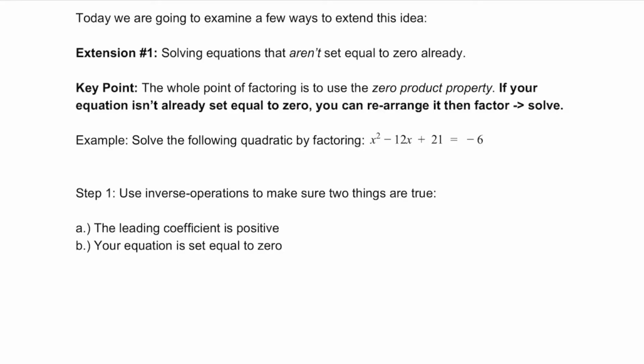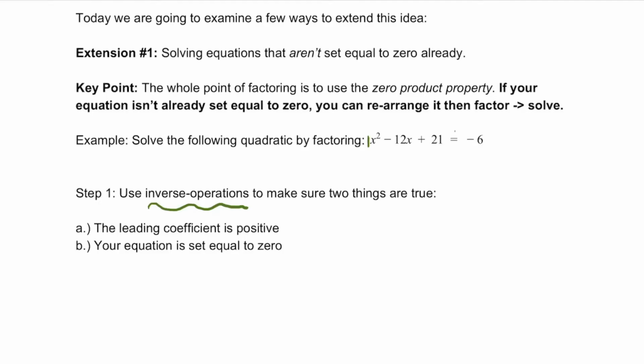So if I'm asked to solve the equation x squared minus 12x plus 21 equals negative 6, again, what I'm being asked to find is what could I plug in for x to make this true? So I could just keep trying random numbers, plugging in for x and seeing when I get negative 6 on the left-hand side. Or I can use inverse operations to make sure that my leading coefficient is positive and my equation is set equal to 0.